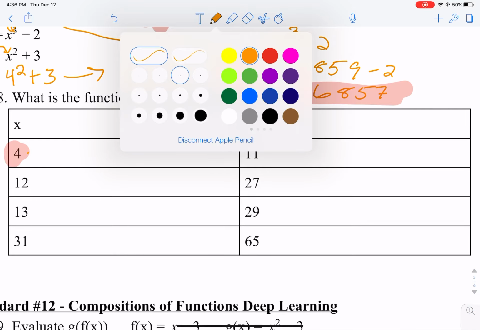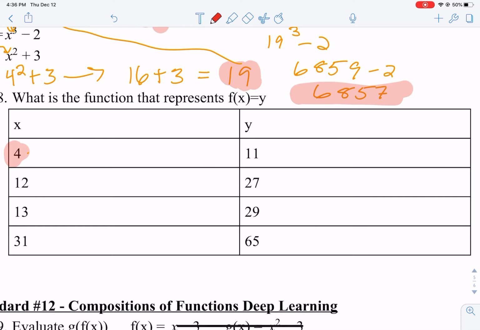What if it's multiply by 2 and then add something? So it would be 4 times 2 would be 8, and then add 3 to get 11. So if I do times 2 plus 3, let's check and see if that works. So it would be 2 times 4 plus 3. So like I said, it'd be 8 plus 3 is 11. All right, let's do 2 times 12 plus 3.